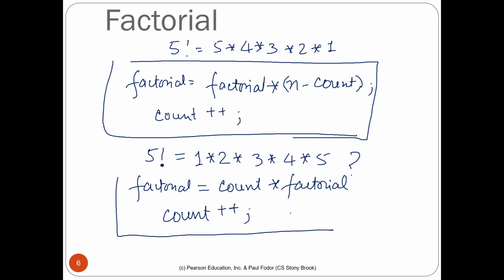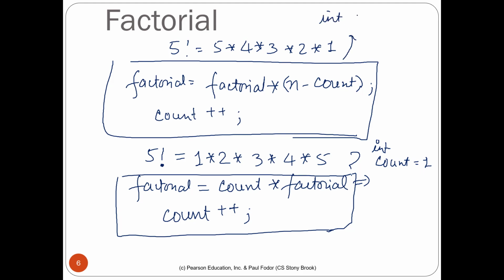So both are the same, but for this case your count should be initialized to 1. You should say int count is equal to 1, and then you should work on this. In the other case, your int count should be initialized to 0. All right, I hope these things are making sense to you.